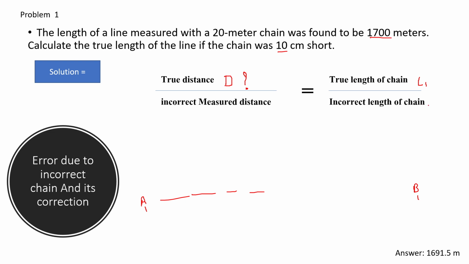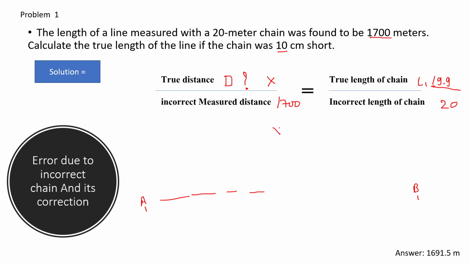The incorrect length of the chain was 20 meters. Here we will put the values in this formula. The true distance we have to find is x. The incorrect measurement is 1700. The true length of the chain is 10 centimeters short, so it is 19.9 meters, and the incorrect length was 20.